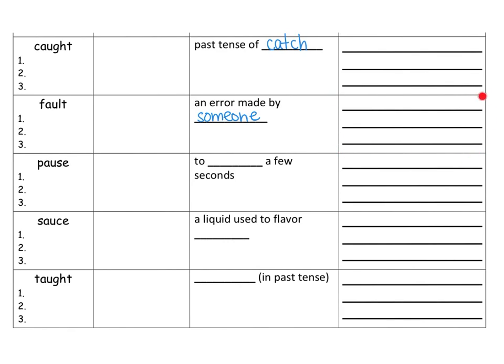Okay, but try and think of a longer sentence, like, it was my fault I did not let the dog outside and he pooped inside. Okay, that's a really good sentence. We can all picture it in our heads, and we use the word fault correctly. Now we could draw a picture.